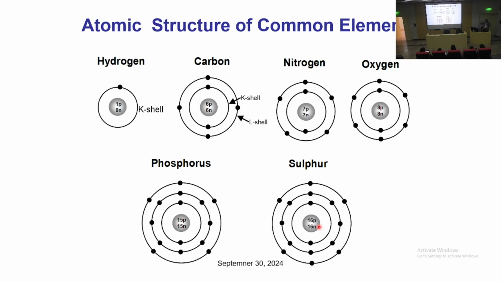So this is basically how the protons, neutrons and electrons are arranged within the atom. Understanding this concept is very important to understand how these atoms interact with each other.